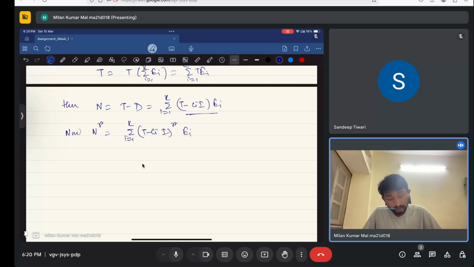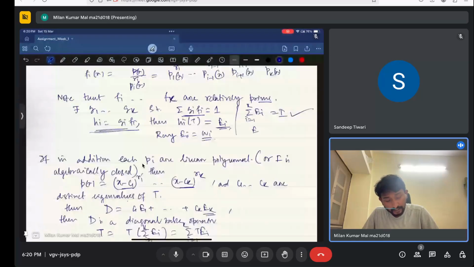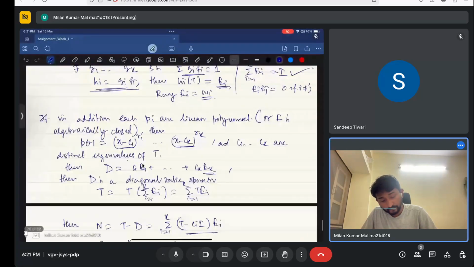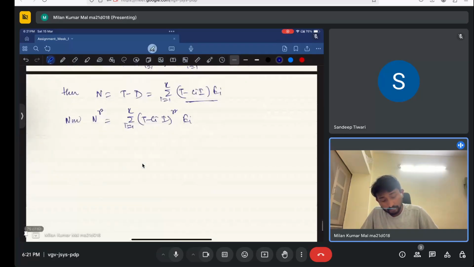Why is this happening? Because of the second fact, that Ei Ej equals 0 if i is not equal to j, and Ei squared equals Ei. That fact is used and we get this.